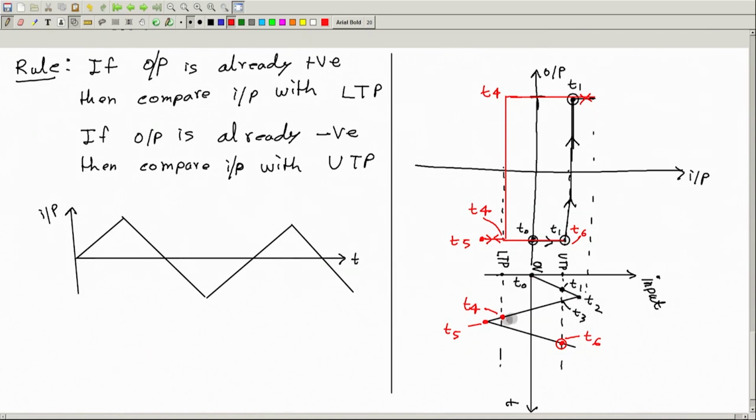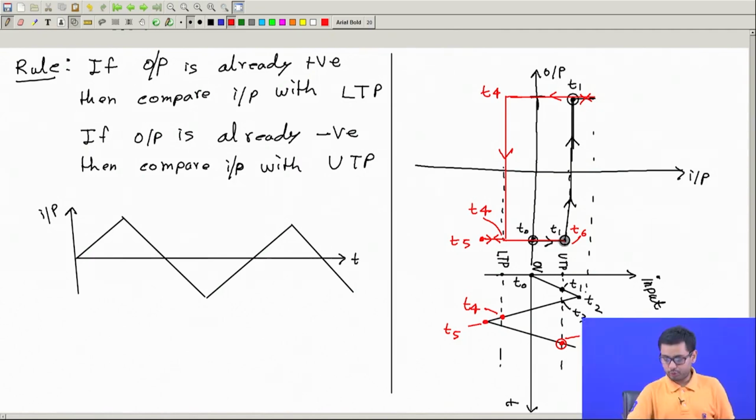So this is how the input is changing, and if I draw the input versus output characteristic, this is how it looks. Let me put arrows for how it moves. Let me summarize. As the input increases, output initially remains negative, then at some point it switches to positive suddenly, like this.